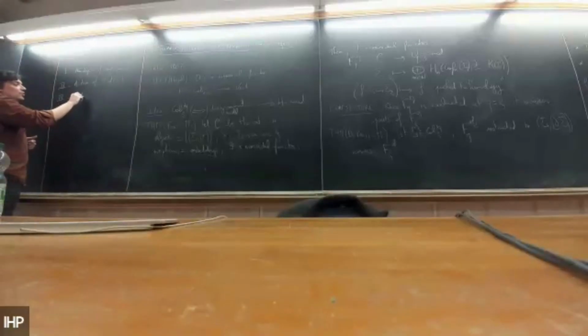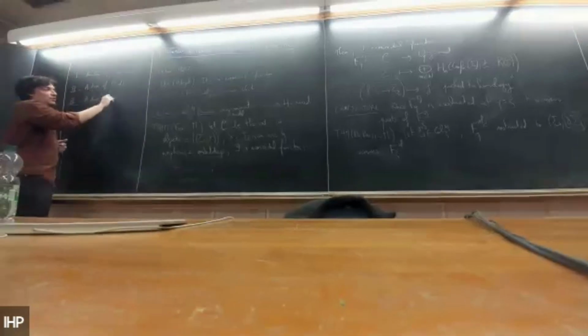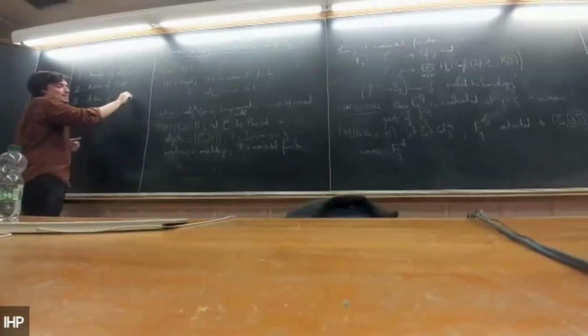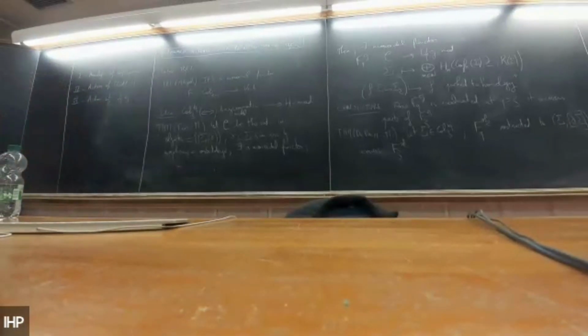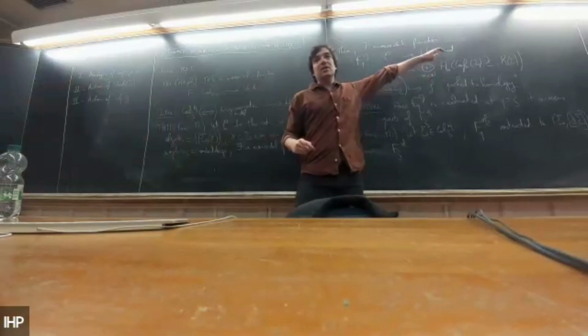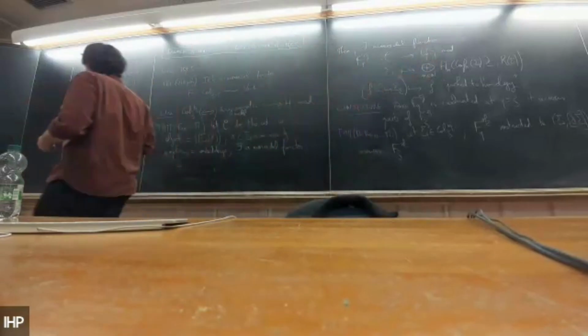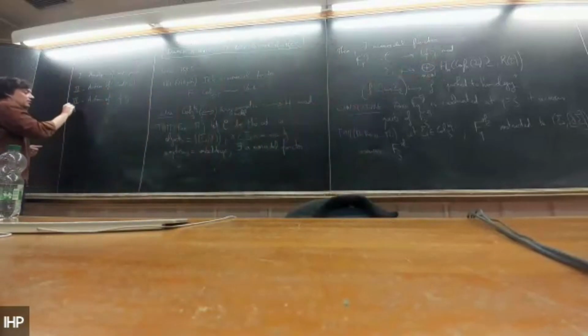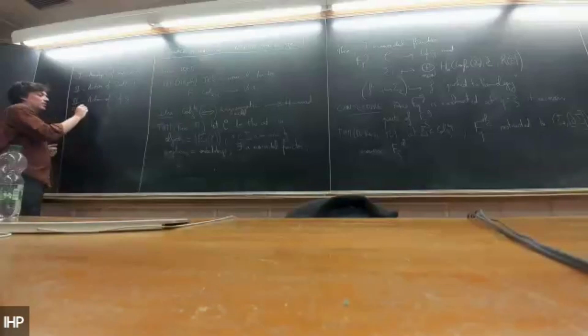Then I will tell you how to add the action of the quantum group, because I want this to live in modules over the quantum group. And in my last part, I will talk about the rest.